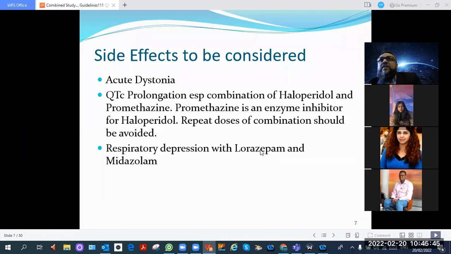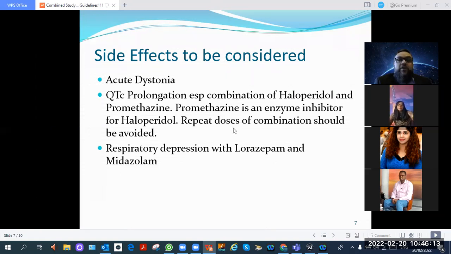Very well said, and that's why you don't use haloperidol 10 milligrams. You stick with 5 milligrams of haloperidol, and if it is a very skinny individual or going towards elderly, you use even less. So, side effects to be considered: promethazine is an enzyme inhibitor for haloperidol, so that's why you need to be careful.